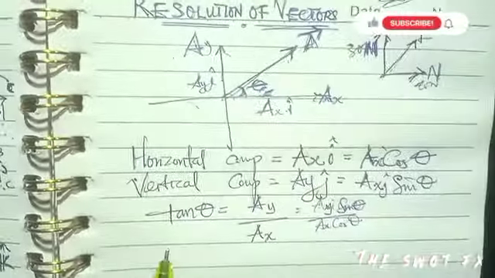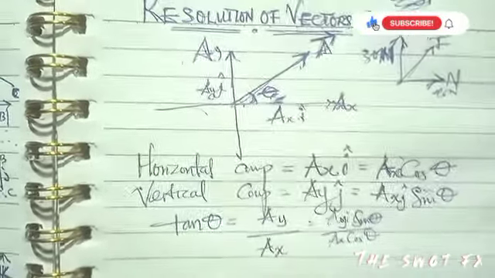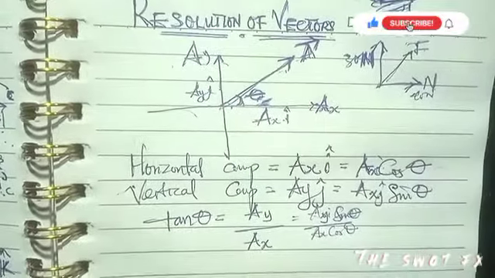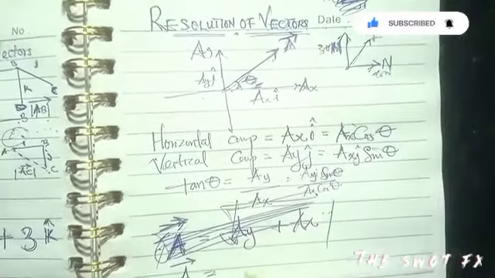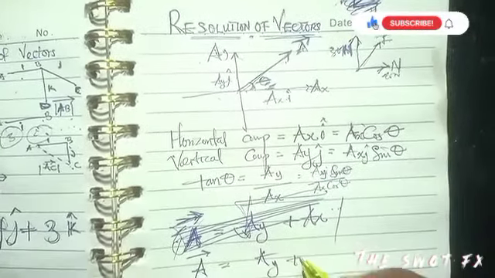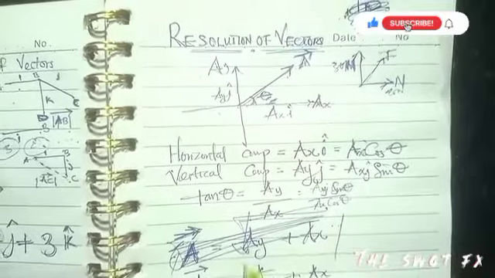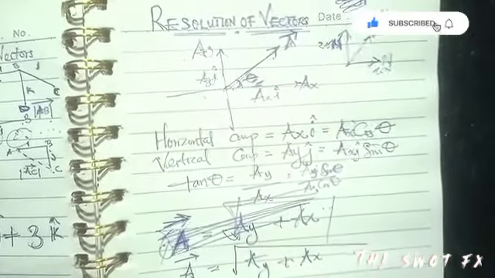If we are resolving to get our A, then we add ay plus ax, so we look for the magnitude. A signifies the magnitude, then our theta signifies our direction. So we need to get that.